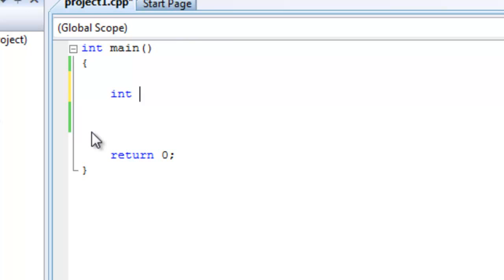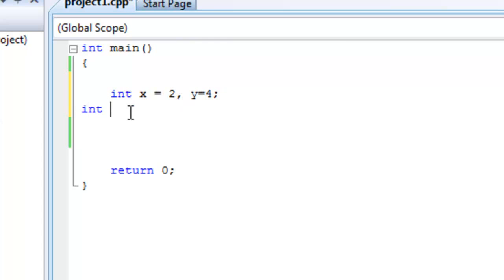So let's say int x equals 2, y equals 4. And let's do int z, and then z equals, let's say, x plus y over y minus x.